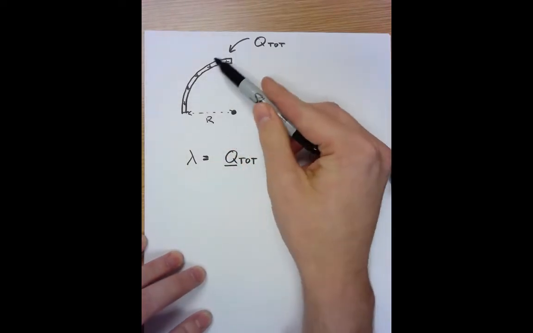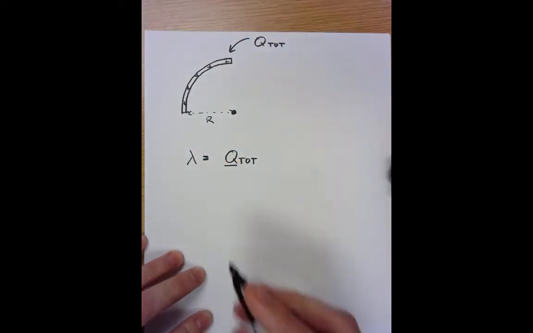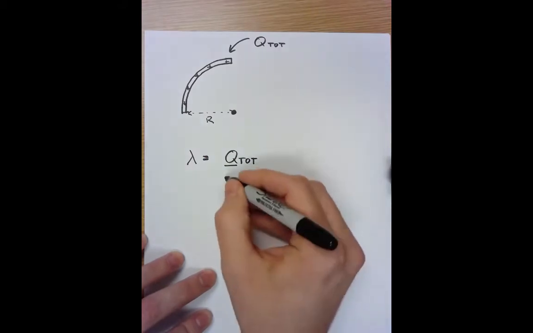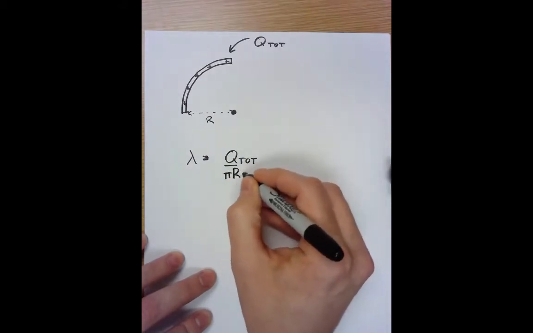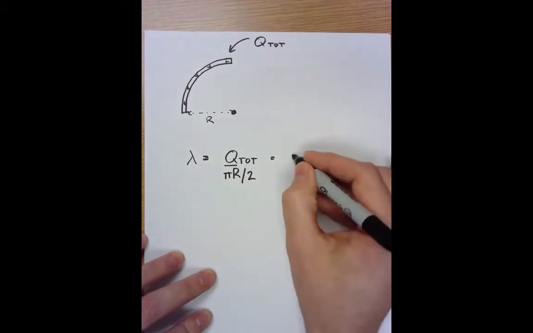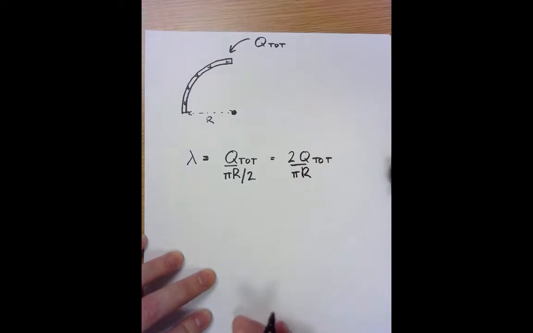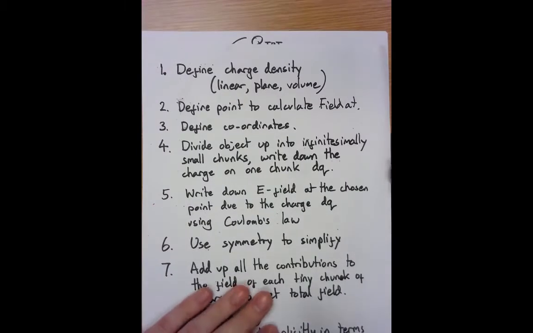Well, the length of a complete circle is 2 pi r, the circumference of the circle. This is a quarter of that, which is pi r divided by 2. Okay, and the divided by 2 is on the bottom, so we can bring the 2 up top. Okay, so that's the charge density defined.